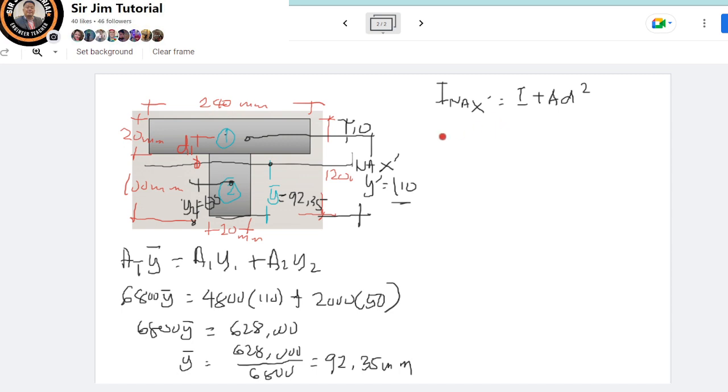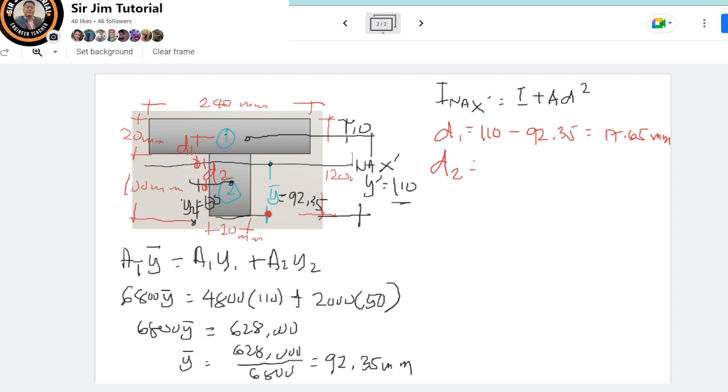d1 is just, see, the distance over here is 110, you subtract 92.35 and you will have d1. So this is 110 minus 92.35, which will give us 17.65 millimeters. How about d2? Where is our d2? D2 is from here going here. This is our d2. So what is our d2?